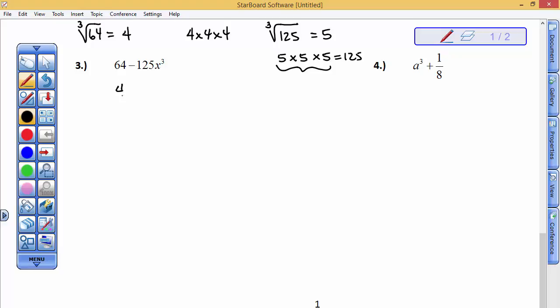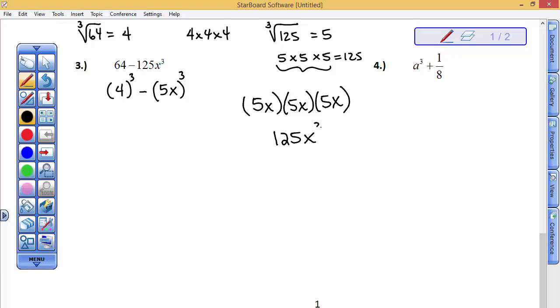So I'm needing to take the number 4 and cube it to get 64. And the number 5 and the letter x and cube that. So in other words, 5x times 5x times 5x will give you 125x cubed, which is this term right here.